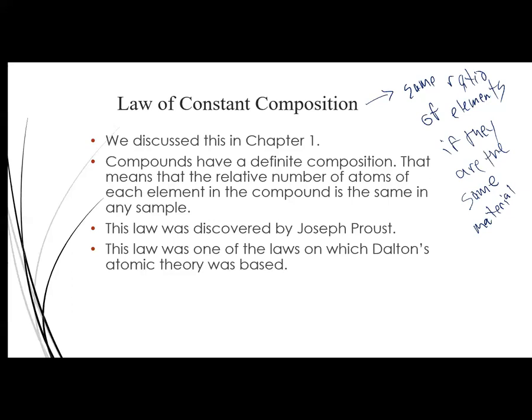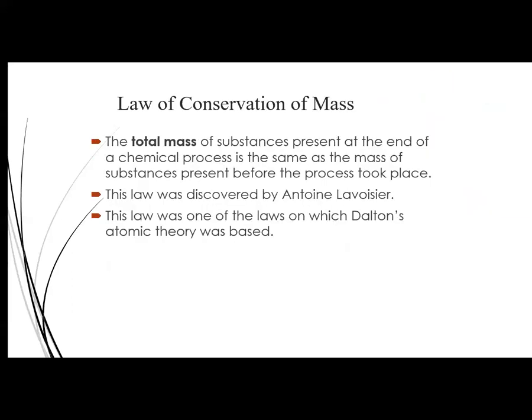Which seems really straightforward, but at some point, someone had to prove that. Someone had to prove that all water, no matter how it was made or where it was formed, would have the same ratio of 2 hydrogens for 1 oxygen. Whether you had a small, tiny drop of it, or if you had a big gallon, it would always be in that same ratio. The second concept is the law of conservation of mass.